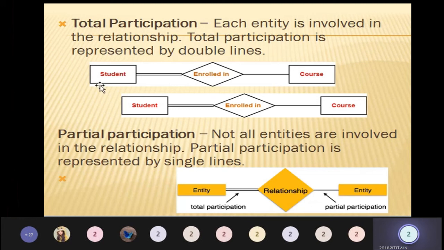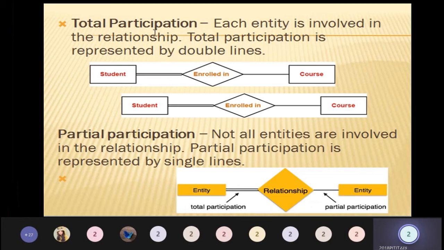Here we are using a student and course table, and the total participation is represented by double lines. So this is an example of total participation. When you are drawing the ER diagram, you use a double line for total participation.